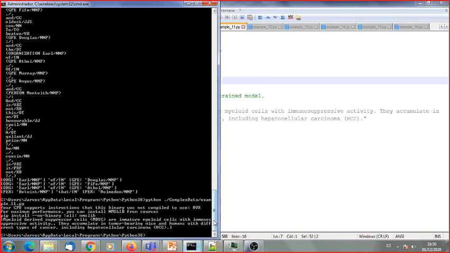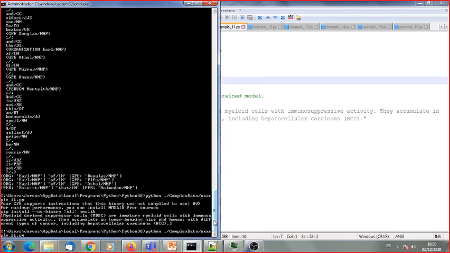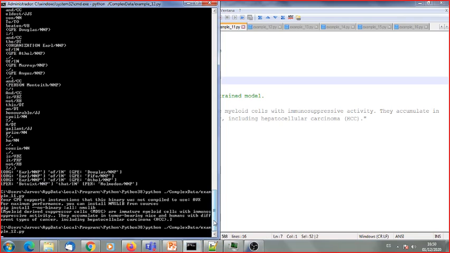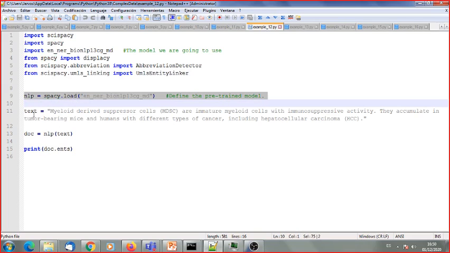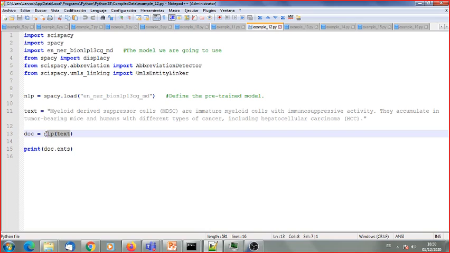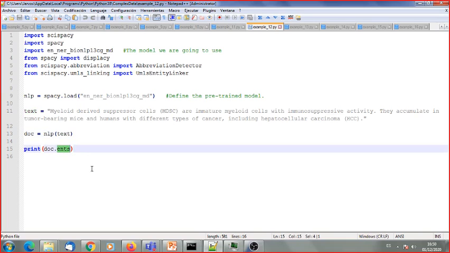This is the script. In this case, I load the model, and then I proceed to use the NLP model on the text, and then I obtain the entities with the dot ents.